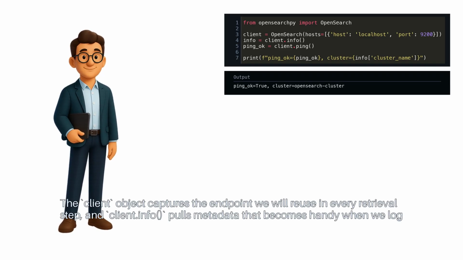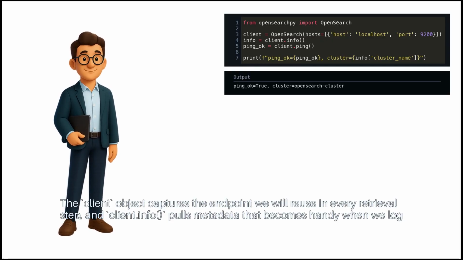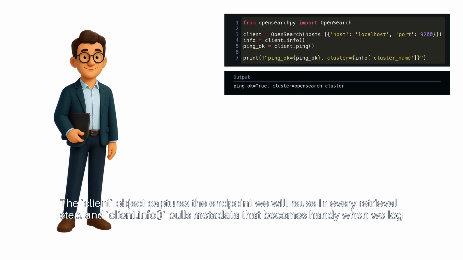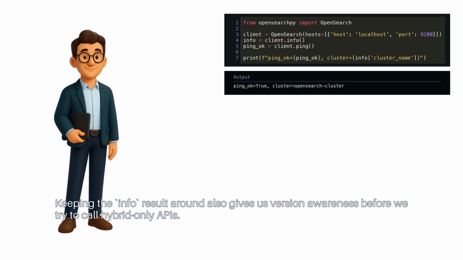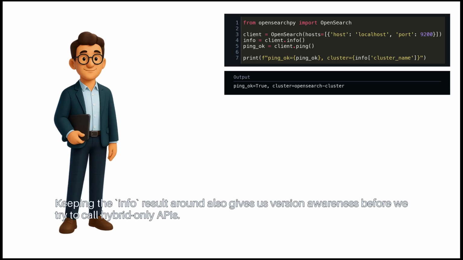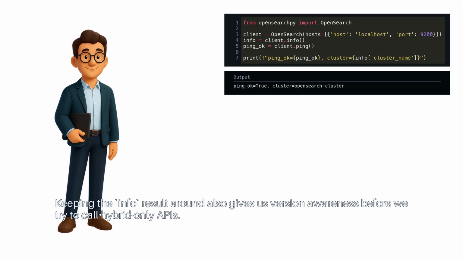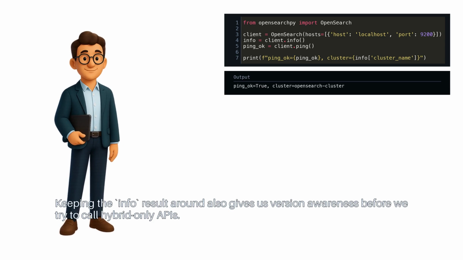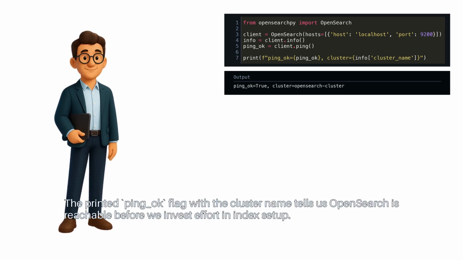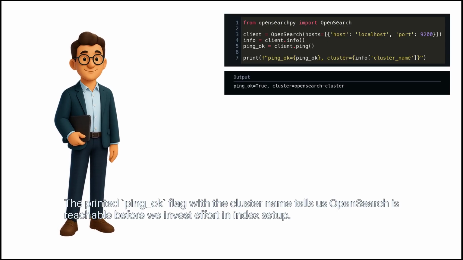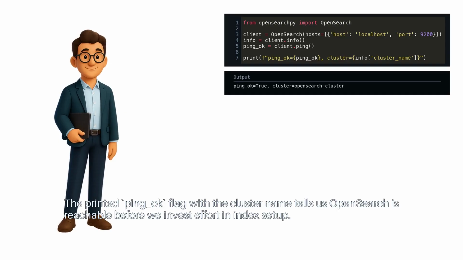The client object captures the endpoint we will reuse in every retrieval step, and client.info pulls metadata that becomes handy when we log evaluation runs.